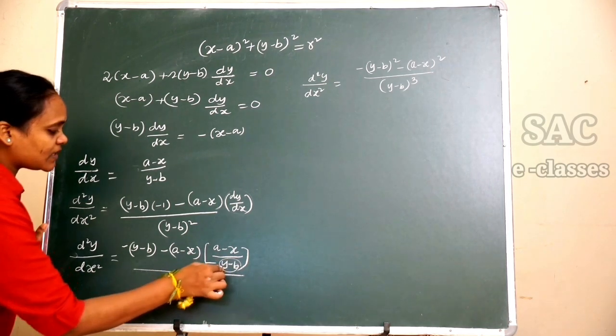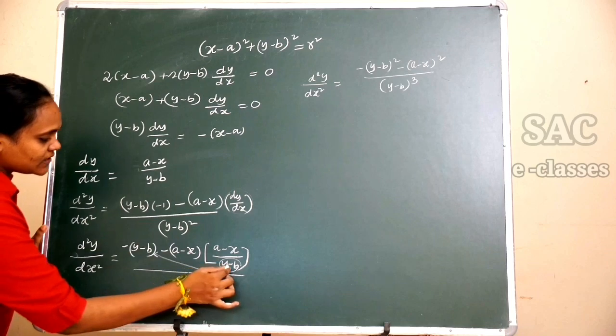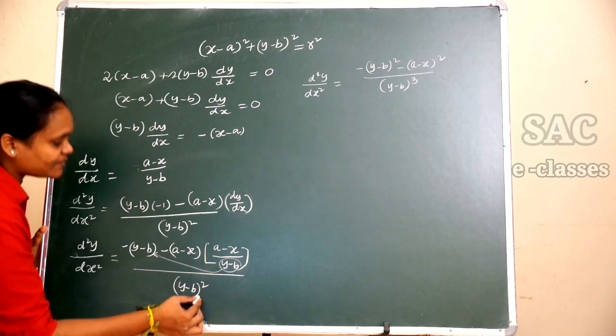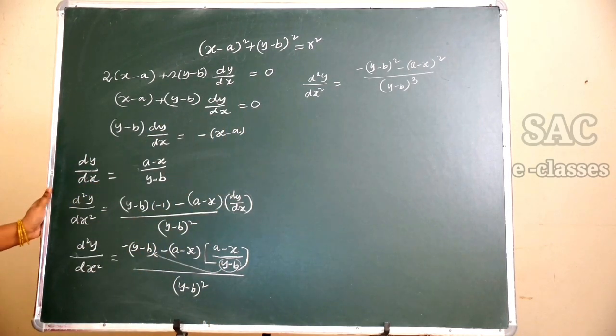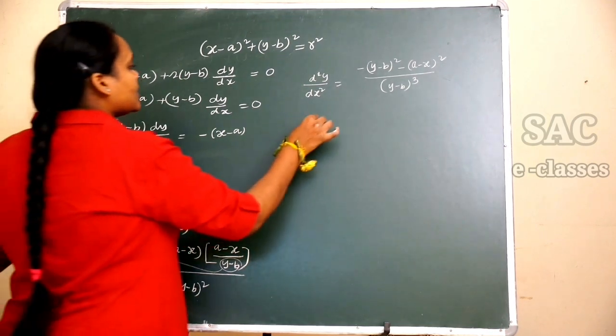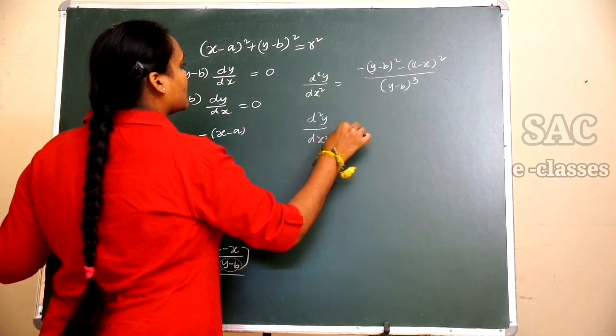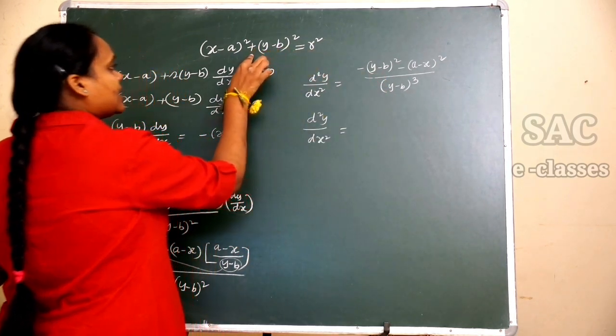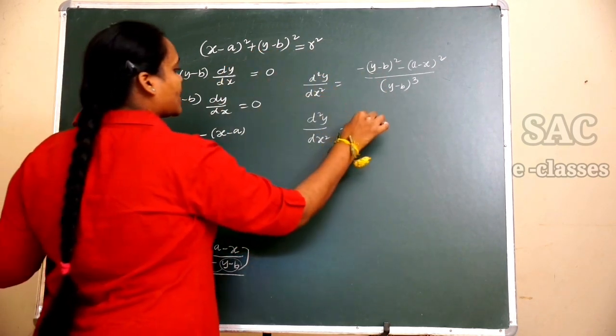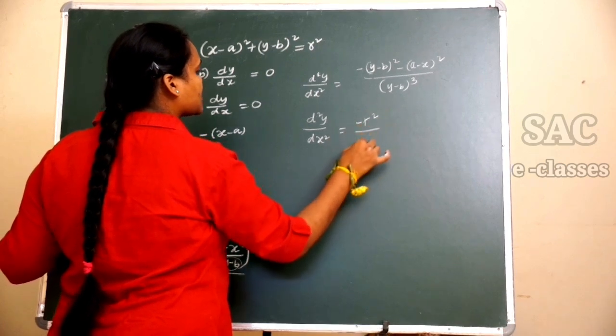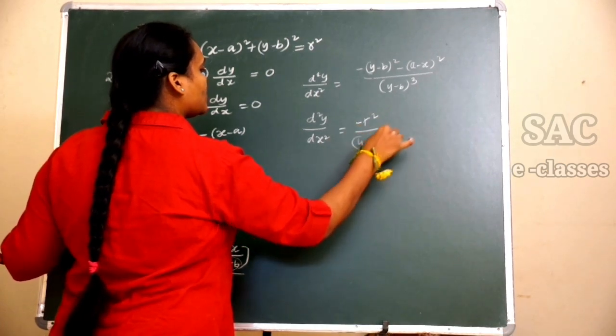This y minus b gone, multiply with this, and this y minus b into y minus b whole square, I got y minus b whole cube. Clearly, d square y by dx square is equal to, this is clearly the given statement itself. So can we write it as minus r square by y minus b whole cube.